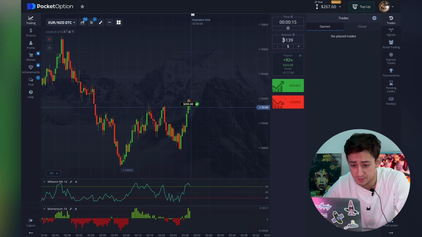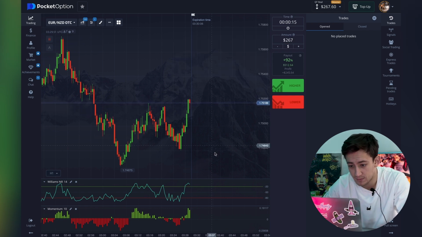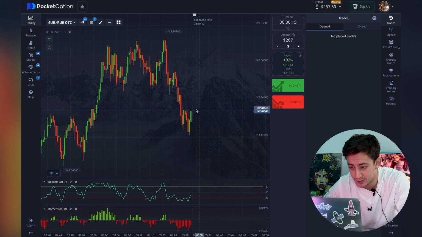Profit gained, perfect. We have maximized our potential on this chart. I think let's move on to find more favorable trade entry situations.